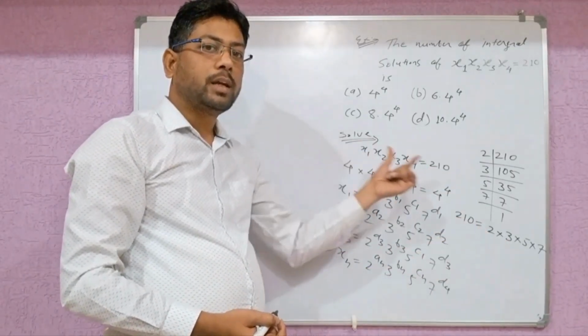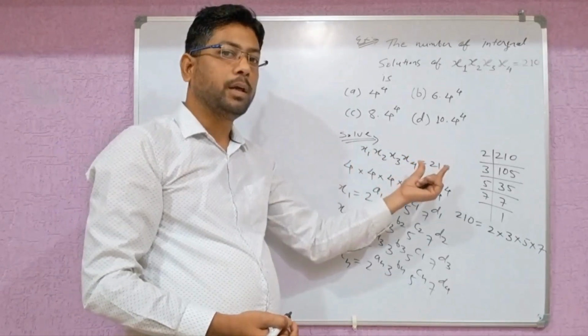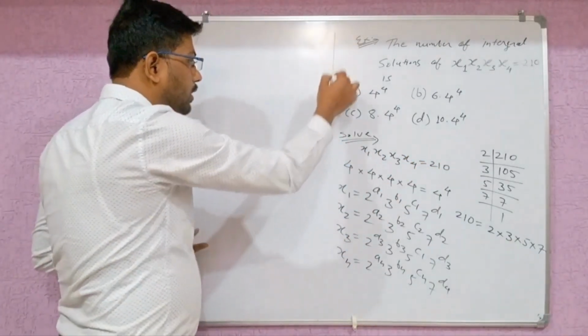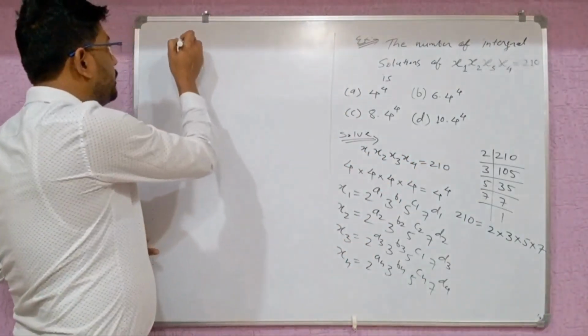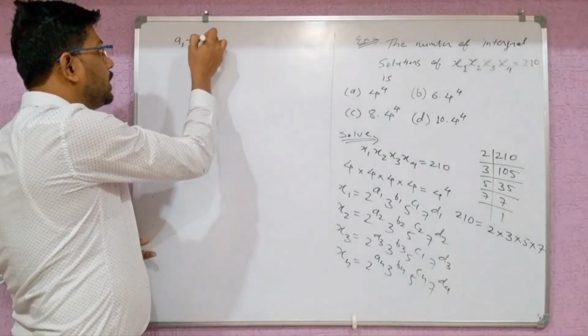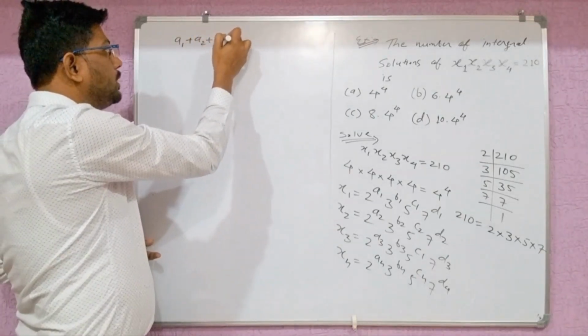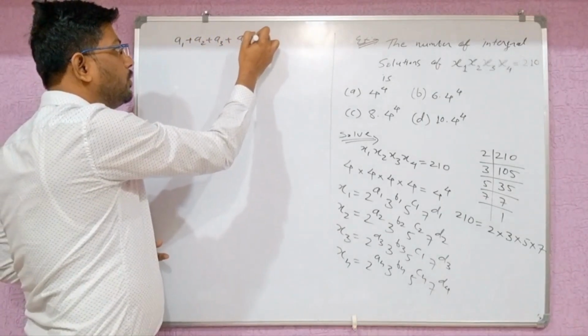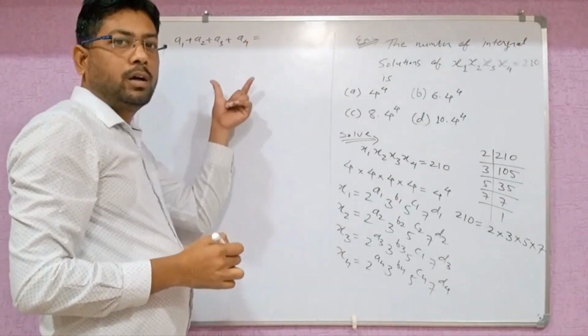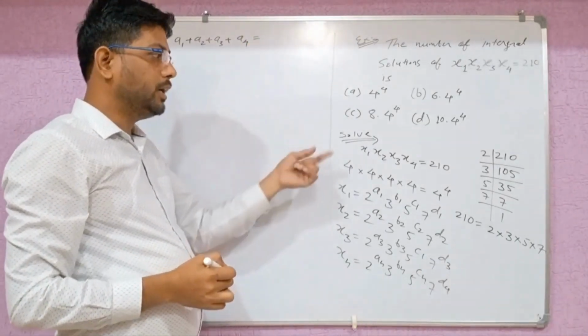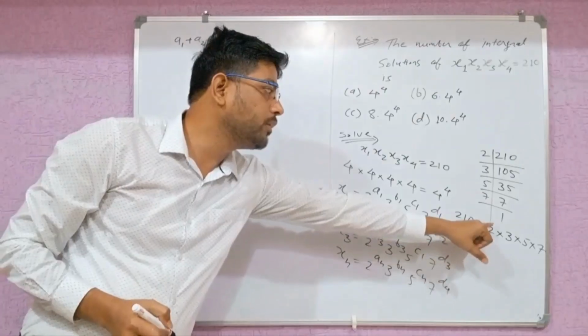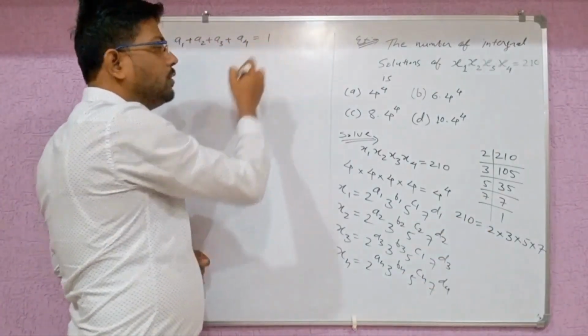So if I compare the powers of 2 on the left hand side and right hand side, this will be a1 plus a2 plus a3 plus a4, the power of 2 in the left hand side, and in the right hand side the power of 2 is 1. So this will be 1 here.